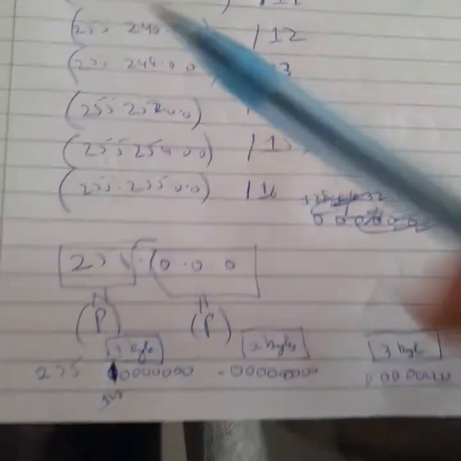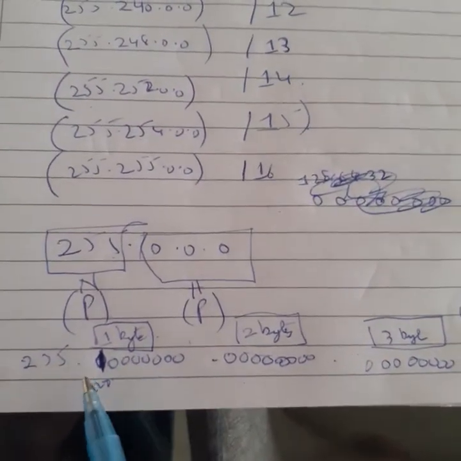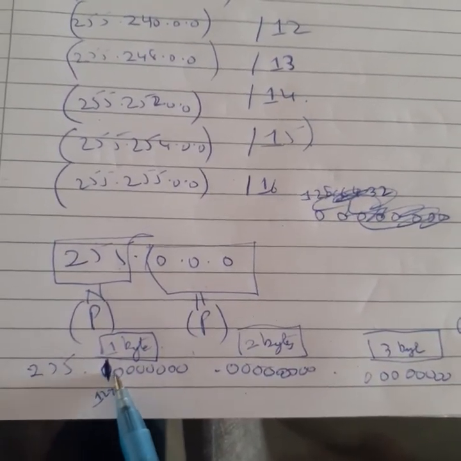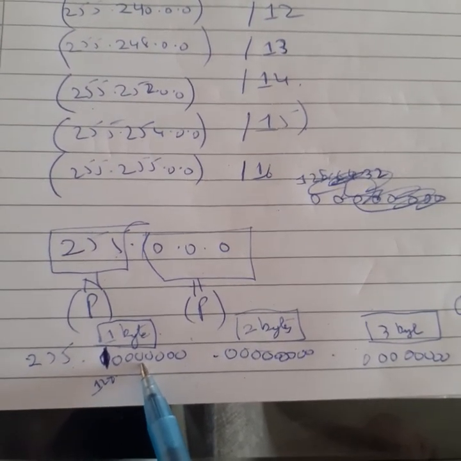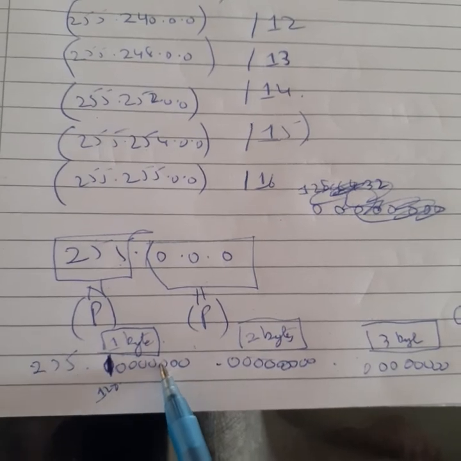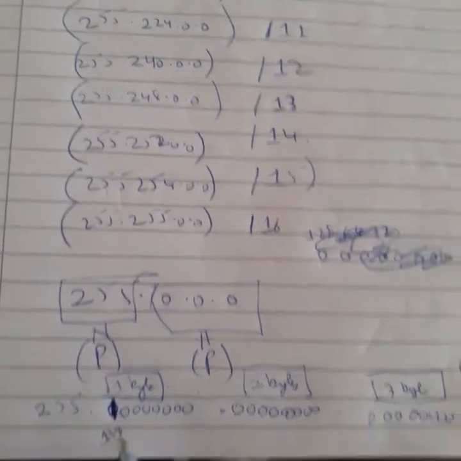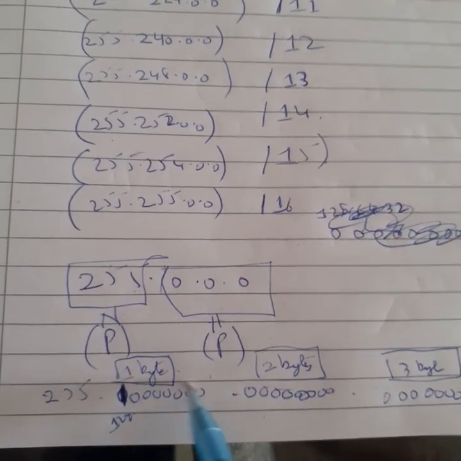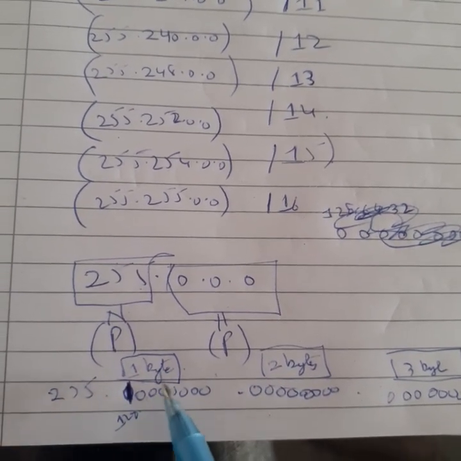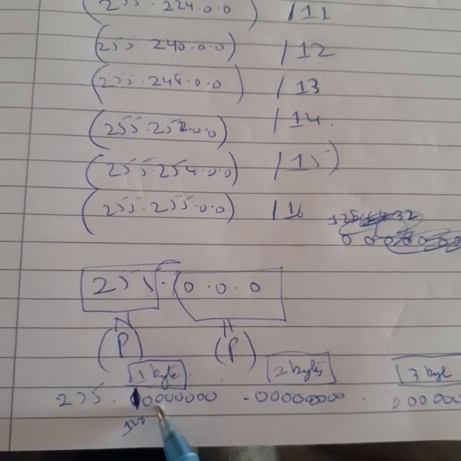Now coming back here. Now where were we? There, look. Same order: 128, 64, 32. What was next? 16, 8, 4, 2, 1. So as we have started here in class A network, there we have started allocating from here.